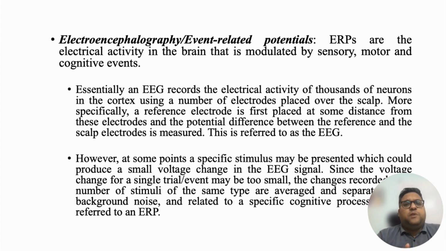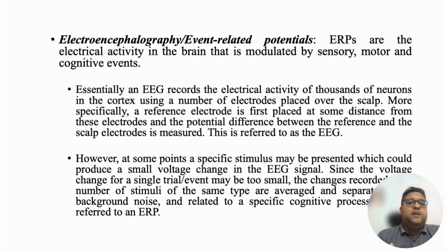Now, at some points, a specific stimulus may be presented to the individual on whose scalp these electrodes are placed, and there could be a small voltage change in response to this stimulus. On a single trial, the presentation of this stimulus would lead to only a very small electrical change or voltage difference, and therefore EEG researchers need to present several repetitions of these events, which are later averaged together to tell us what kind of electrical activity happens pertaining to what kind of stimulus manipulation with these participants.